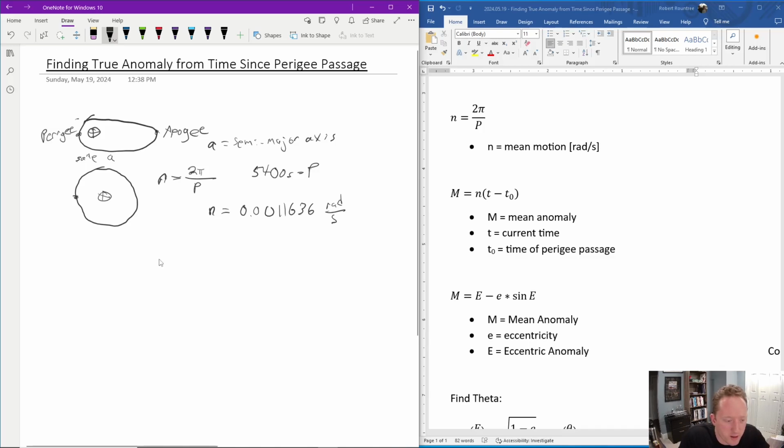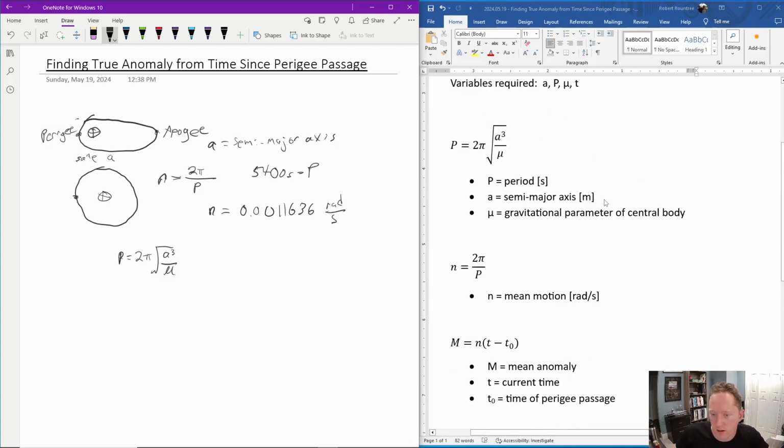So let's go ahead and calculate that actually. So P is going to be equal to 2 pi square root of A cubed over mu. So then I'm going to do math in public again here. P over 2 pi squared, we've done this plenty of times, times mu, cube root of that is going to be your semimajor axis.